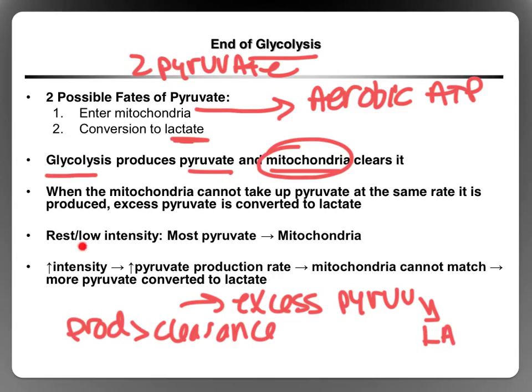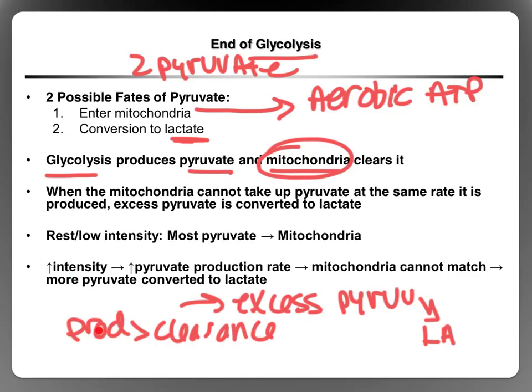However, if you start doing activity of a greater intensity, okay, you're going to need ATP at a faster rate. So glycolysis is going to happen faster, which means that pyruvate is going to be produced faster, and eventually the mitochondria is not going to be able to take it up at the rate that it's being produced. Okay?